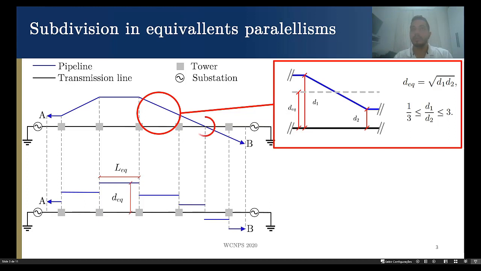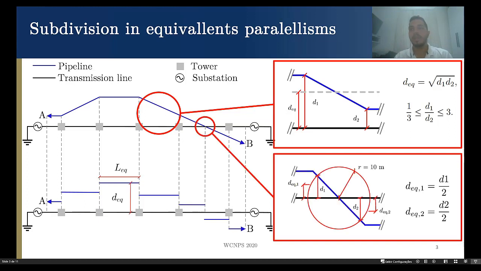For crossings, a circumference with 10 meters radius is centered on the crossing, and the intersections with the target circuit determine distance 1 and distance 2. The equivalent distance 1 and equivalent distance 2 can be calculated with half of these distances, respectively.